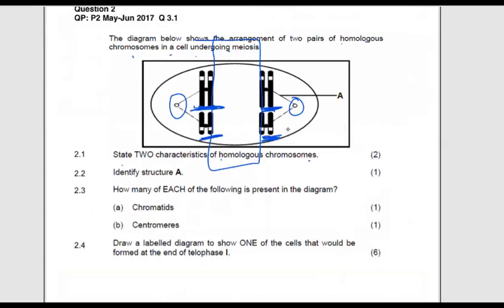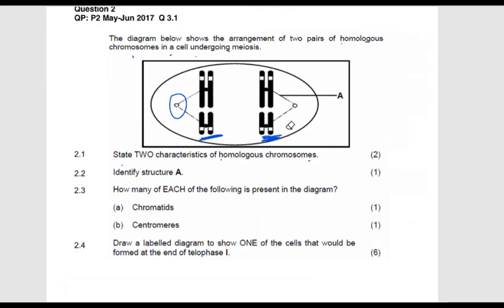Then another one is that they have the same location of genes. Meaning that if the location of the gene for height or skin color is in this chromosome, it must be in the same location on the other chromosome. That's why I'm saying the same locus of genes. You understand? Same location of genes.